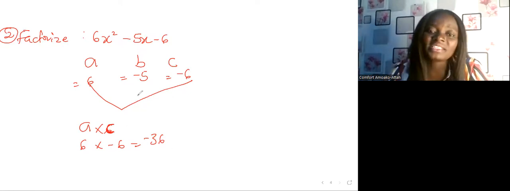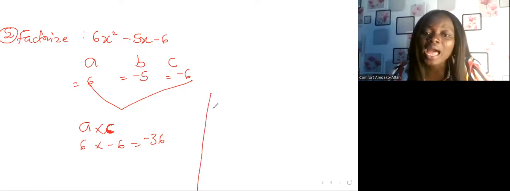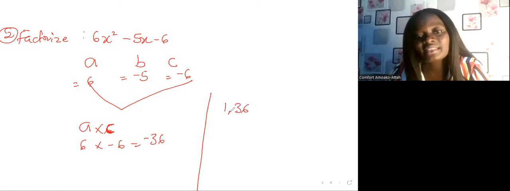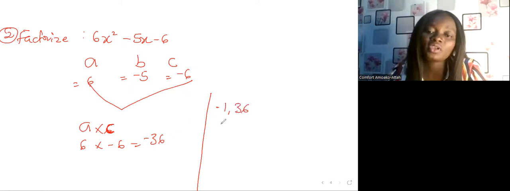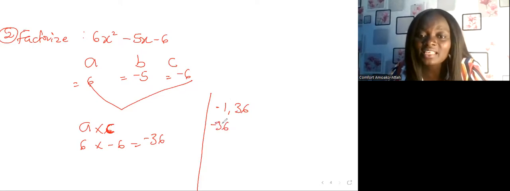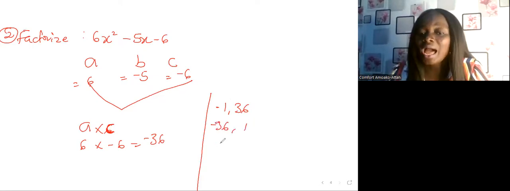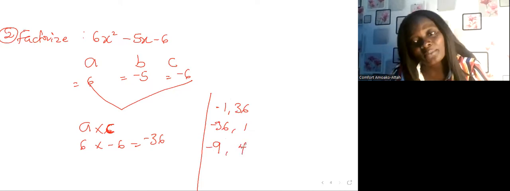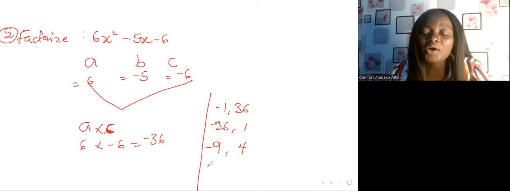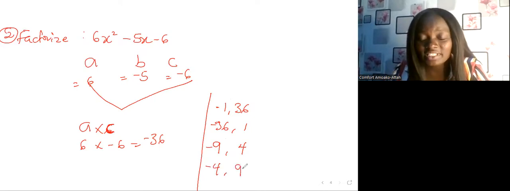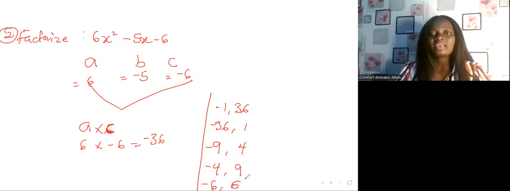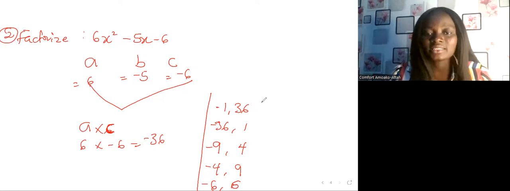Now the factors of -36 can be 1 and -36, -36 and 1, we can have 9 and -4, -9 and +4, we can have -4 and +9, we can have -6 and +6. So these are the factors of -36.